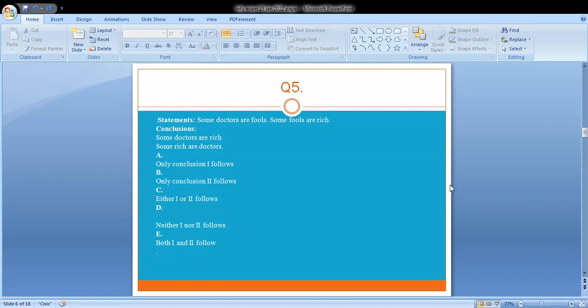See, these are called syllogism questions. Some doctors are fools. We can represent using a Venn diagram: doctors, one circle, fools, one circle, rich, one circle. So we can do it directly. If you just see the question, I can tell the answer. Because some doctors are fools, some fools are rich, so some doctors are rich.